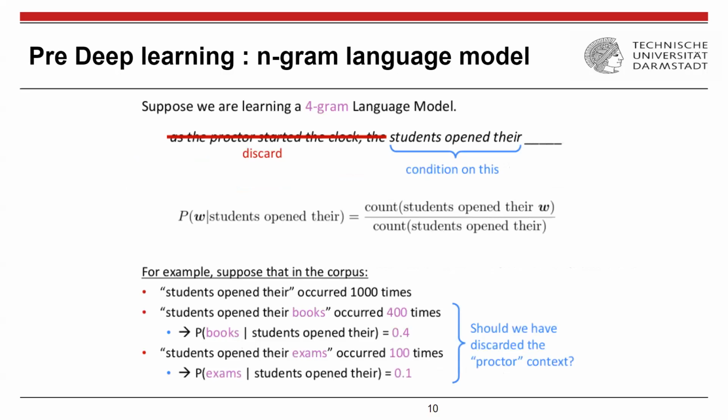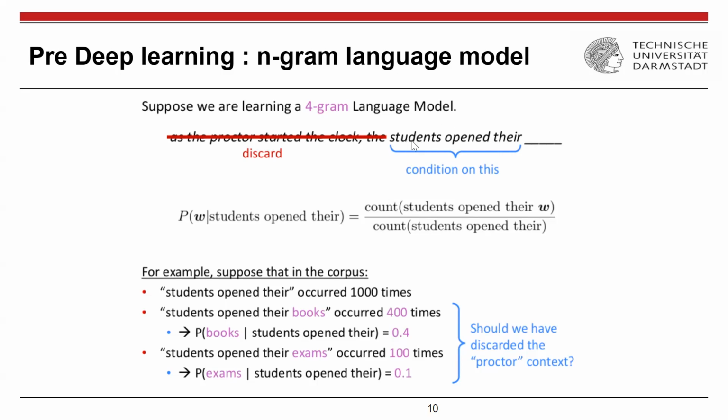So how does a 4-gram language model look like? Basically, if you have selected a 4-gram language model, then you will discard all the words that appear after the 4th word in the sequence. This is the 4th word that you want to predict, and you will ignore all the other words.